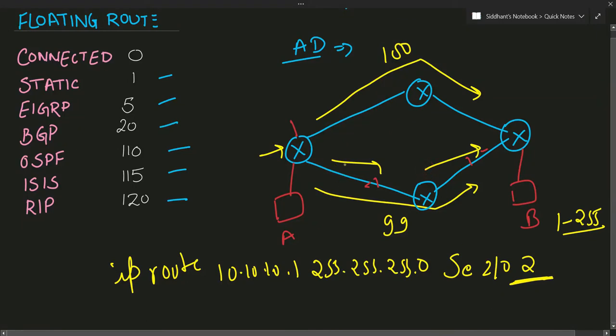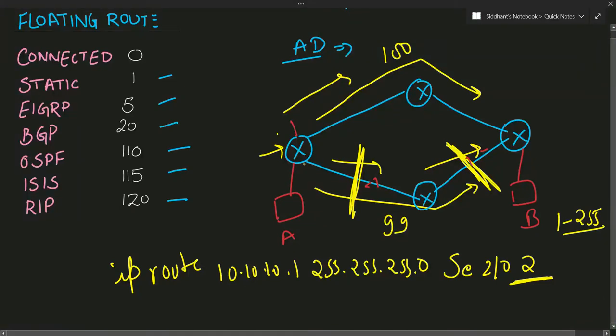Suppose this interface suddenly goes down, or this interface suddenly goes down. The path will automatically be taken over by this route, so this route won't be used anymore if something is broken in between. This is the functionality of a floating route. Suppose we have multiple routes to the same destination, and we have static routing configured, or even RIP configured.